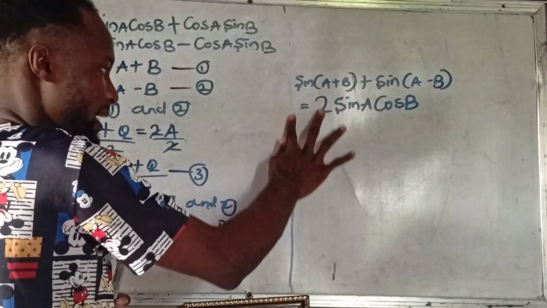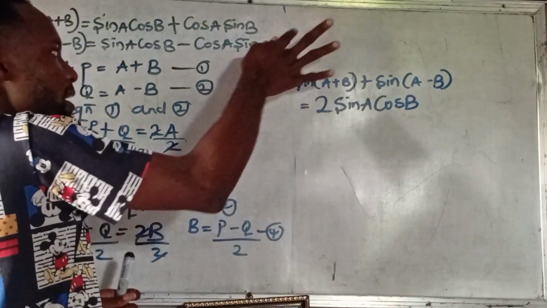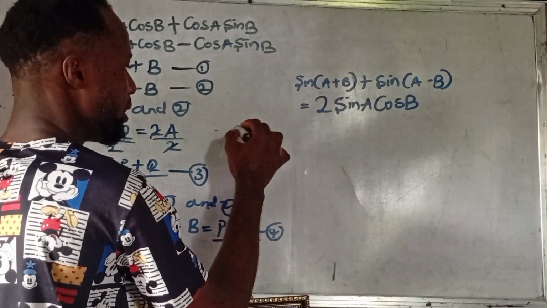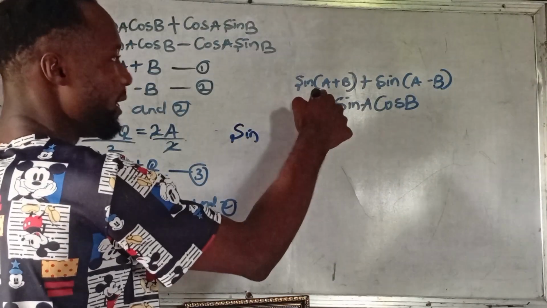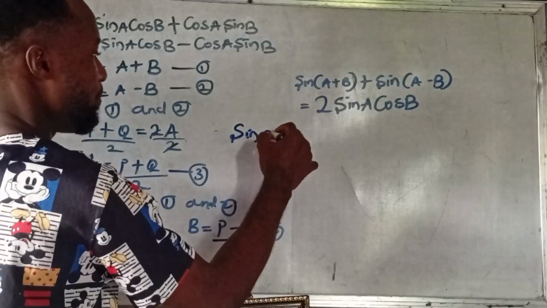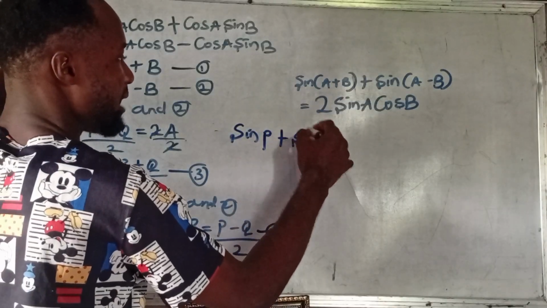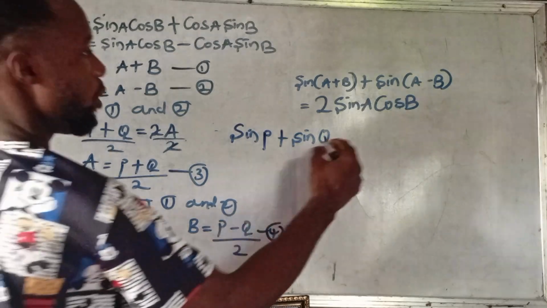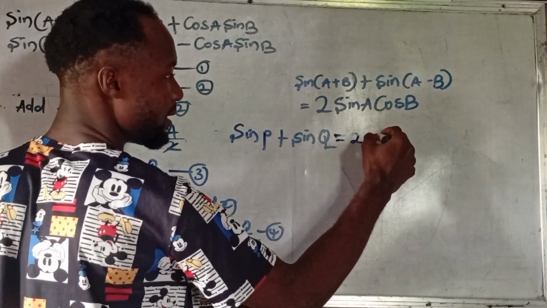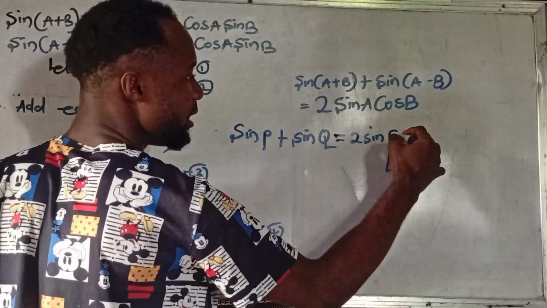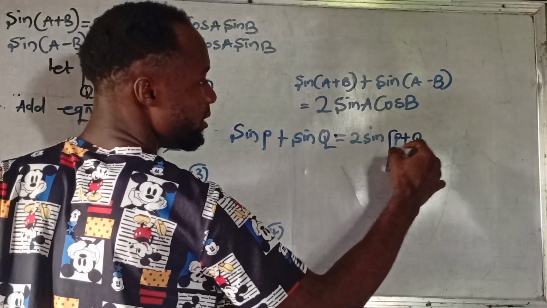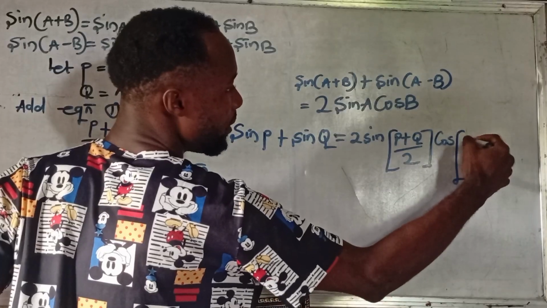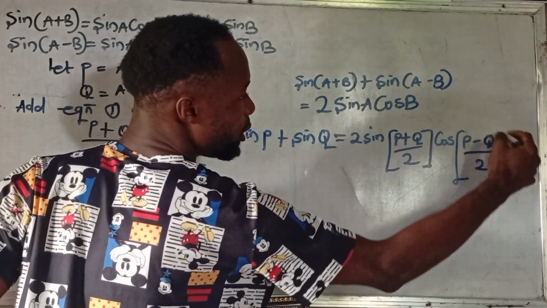Permit me to clean the line again because of space. I'm going to replace this again. Sine of A plus B is P, sine of A minus B is Q. So sine P plus sine Q is equal to 2 sine of P plus Q divided by 2, into cos of P minus Q divided by 2.